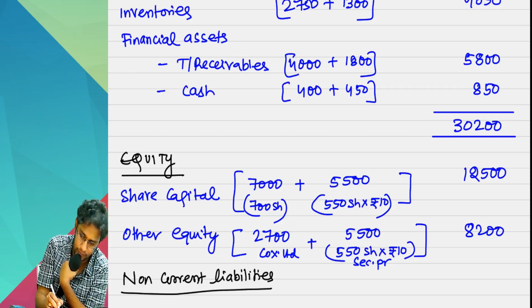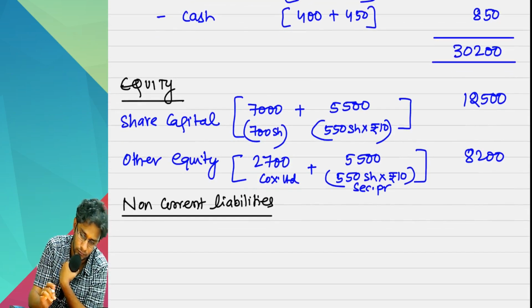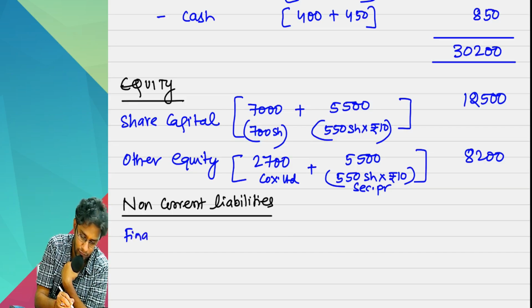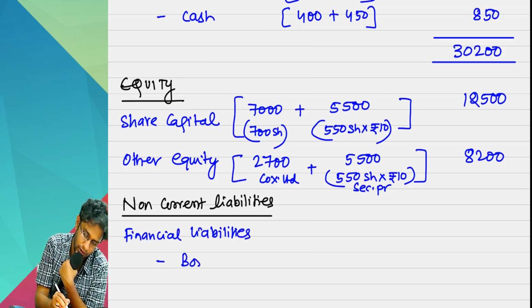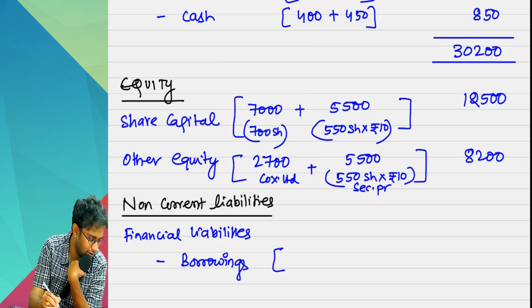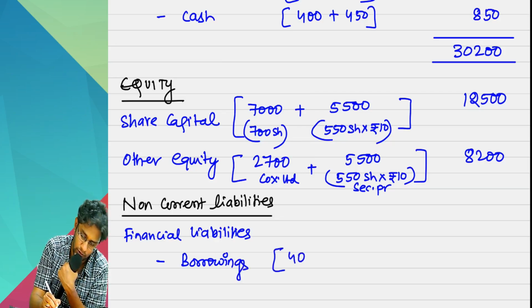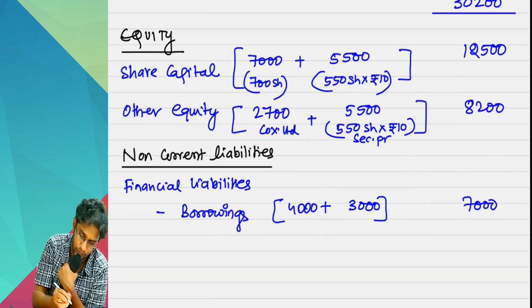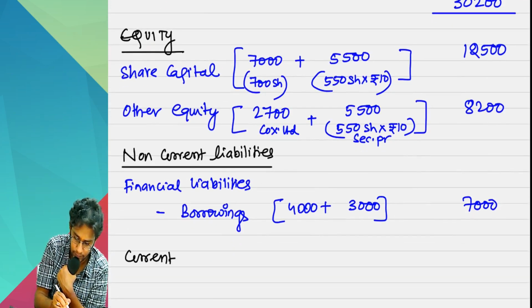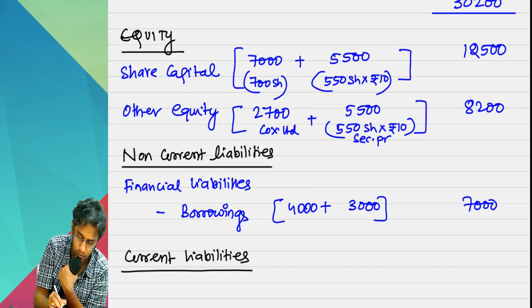Non-current liabilities. You have financial liabilities. Some debentures were issued, no? So we will park it in borrowings only. Both the debentures are taken over as they are. So 4,000 plus Box's 3,000, 7,000. I guess only this much here. And then current liabilities, trade payables.